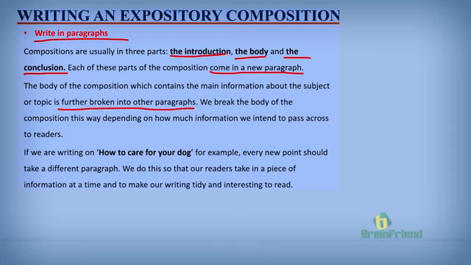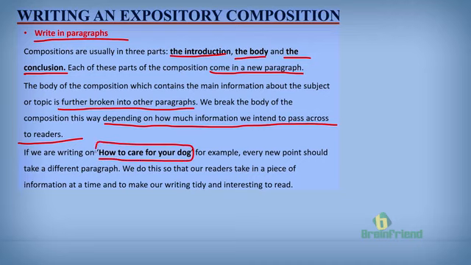And we break the body this way, depending on how much information we intend to pass across to readers. If we are writing on the topic, how to care for your dog, for example, every new point about this topic should take a different paragraph.